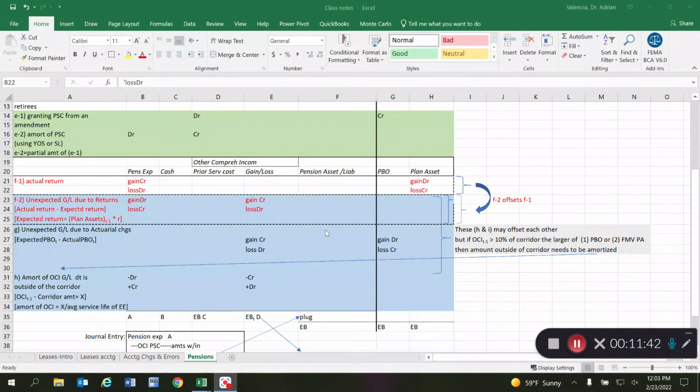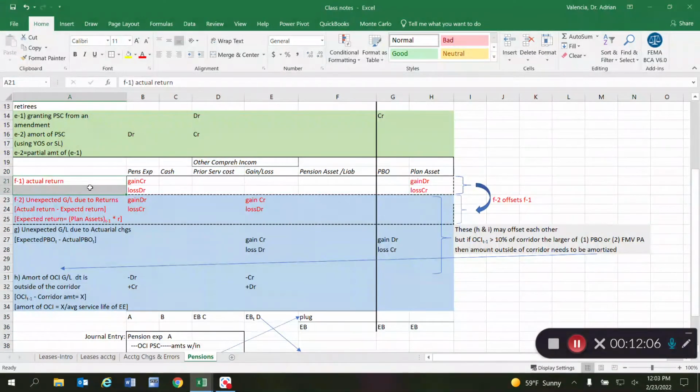Now, here's where it can get a little complicated. All right, so let me try to simplify this. Let me remove this extra arrow or parentheses here. Okay, so this is the actual return, right? And if for some reason the actual return differs from the expected return during the period.